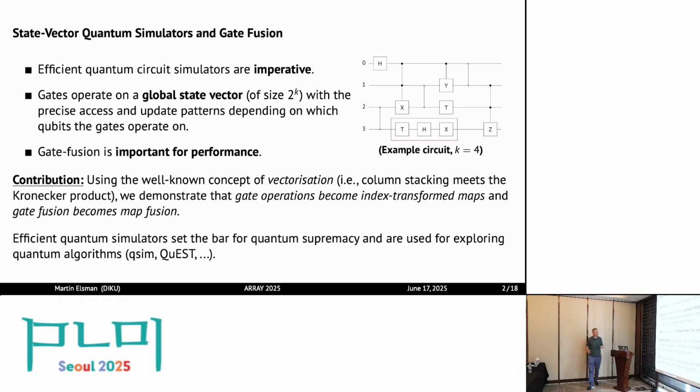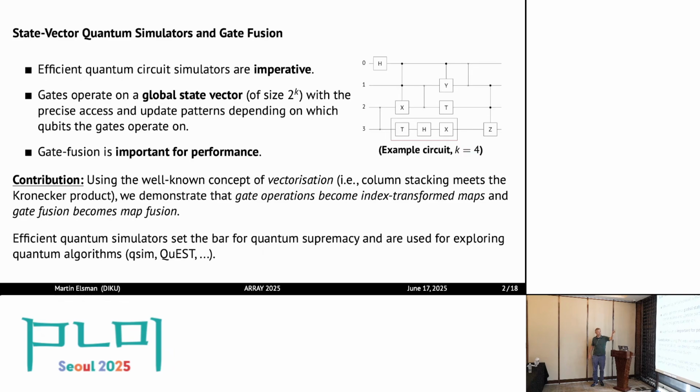They operate on a global state vector of size 2 to the k, where k is the number of qubits you compute on. And you have this explosion in the state vector due to these notions of entanglement and so on. I'll get back to that later.